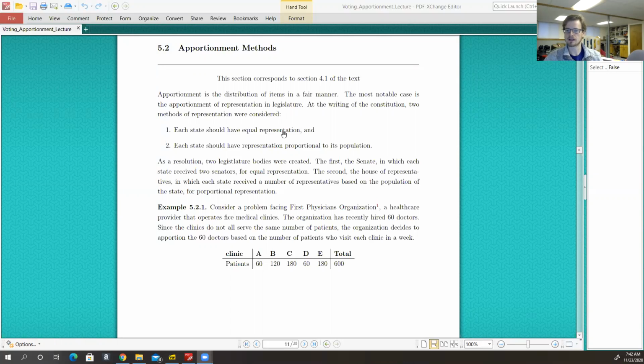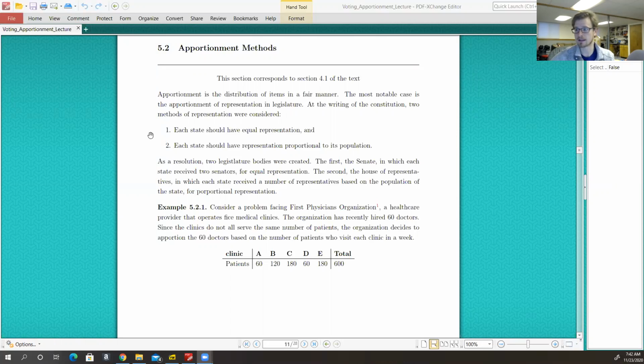So feel free to read the textbook for a fuller picture and possibly a better understanding. In this section we'll take a nice introduction to apportionment methods. There are a few of them. We'll take a look at 3, and I'll have you take a look at 1 on your own as well.